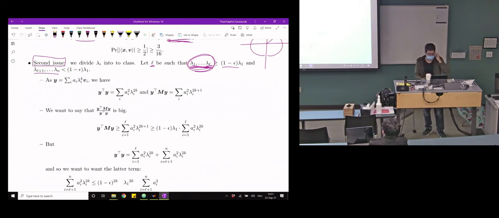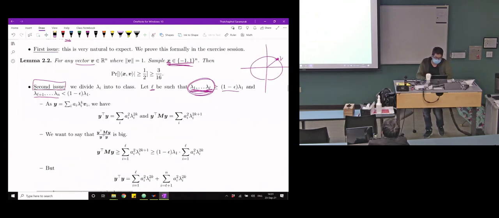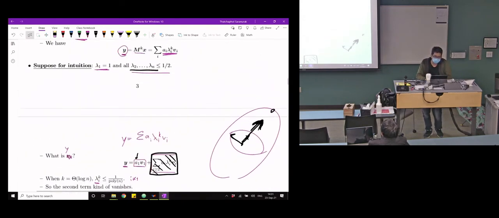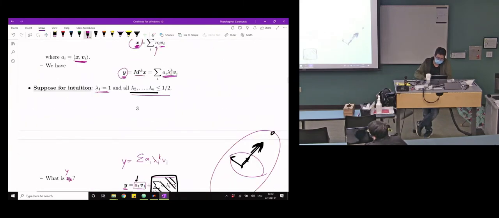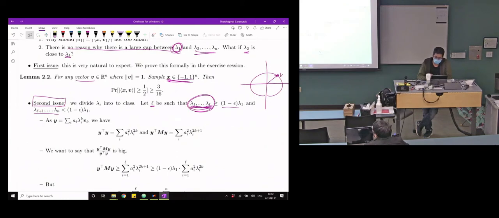All right. So what we want at the end is not the first eigenvector. We just want some eigenvector such that this ratio is as big as the first eigenvalue. So if there are L of them that are big, then if it is close to any vector in this span, then it's good, basically.